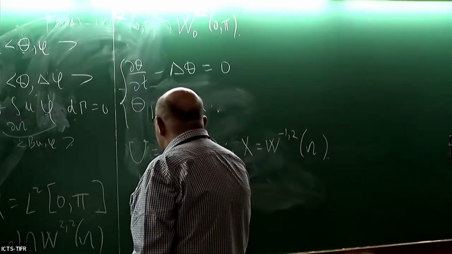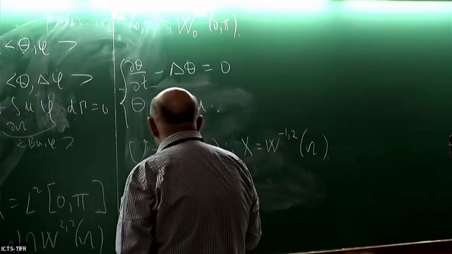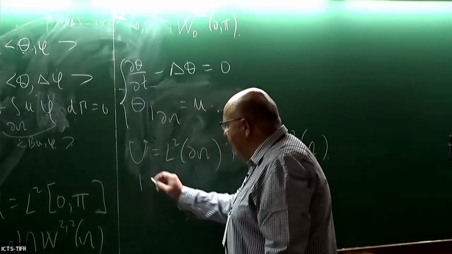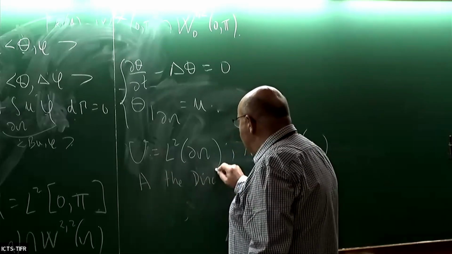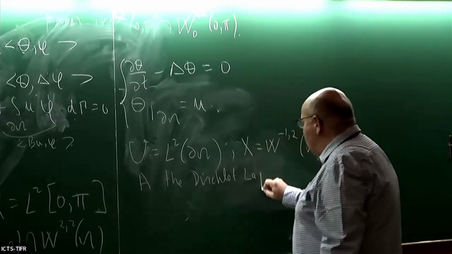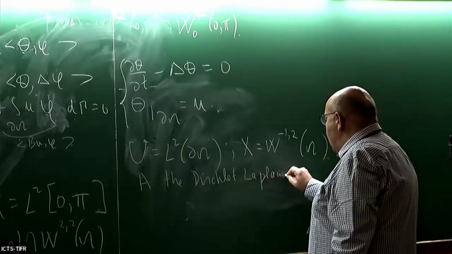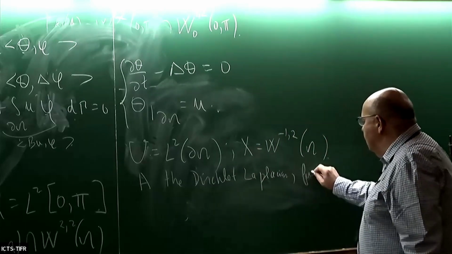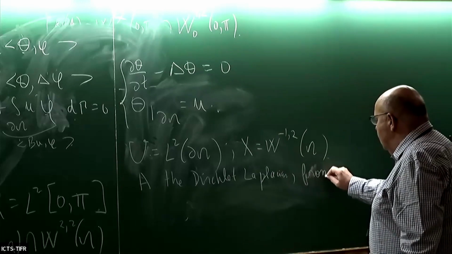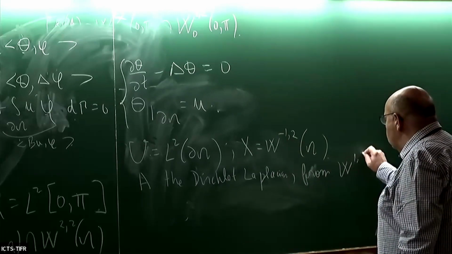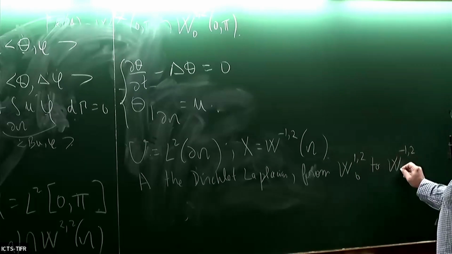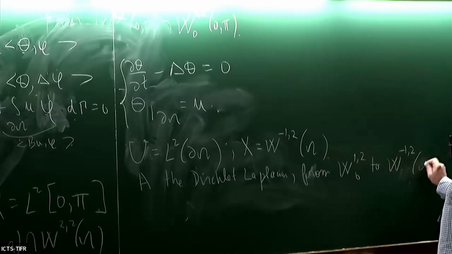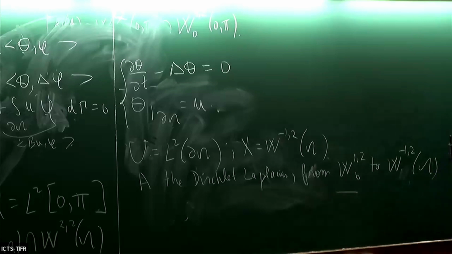A is again the Dirichlet Laplacian, not Neumann, from W_0^{1,2} to W^{-1,2}, so in this space W^{-1,2} with domain W_0^{1,2}.